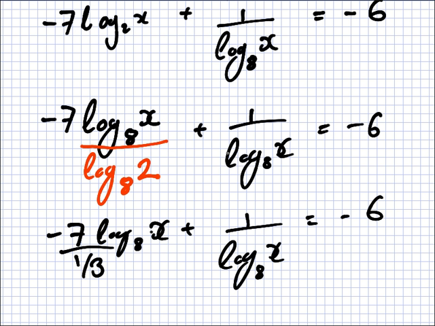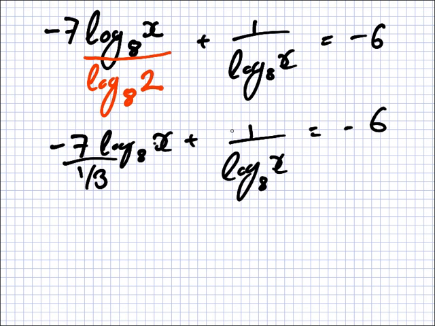Got that? The next thing, you can change the 7 over 1 over 3. If you're not sure, you can type it in the calculator. But this becomes 21.